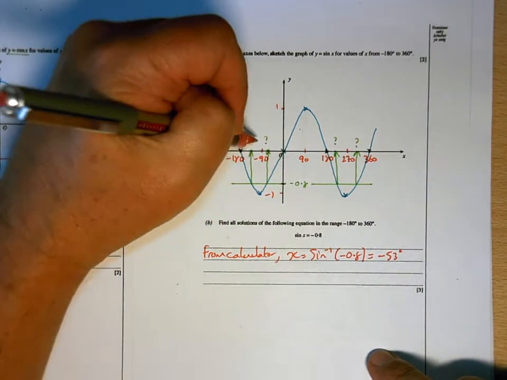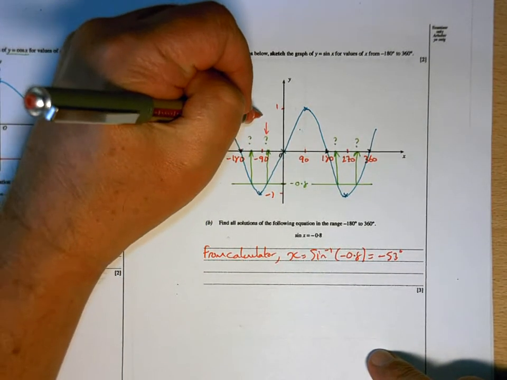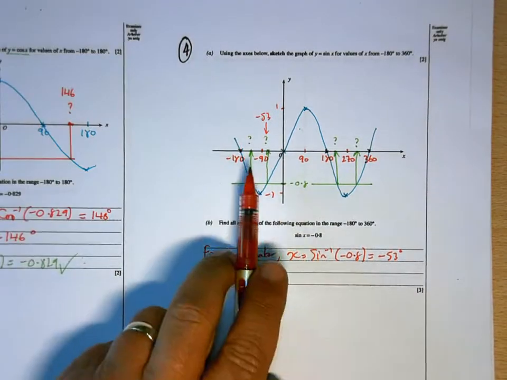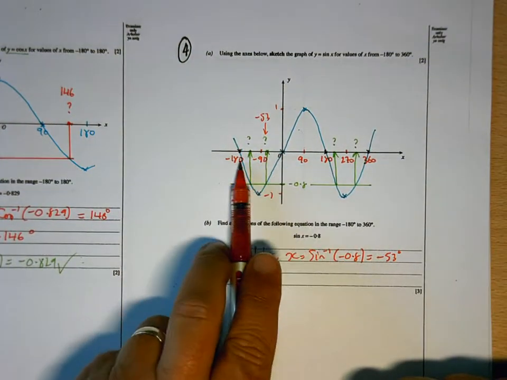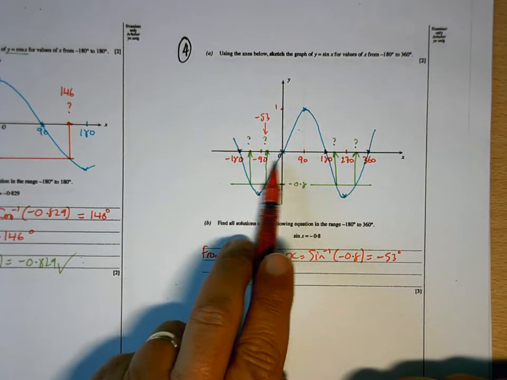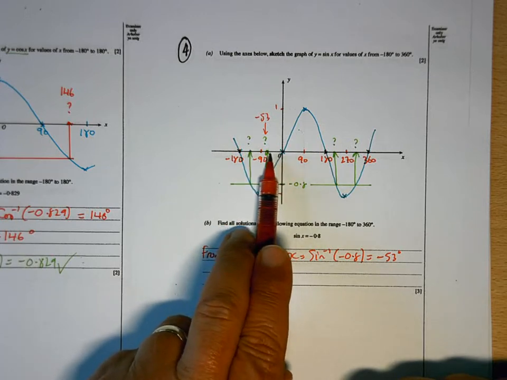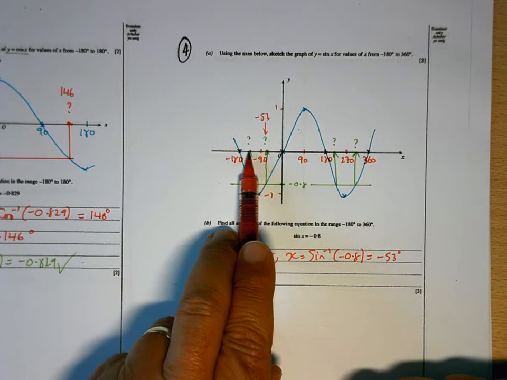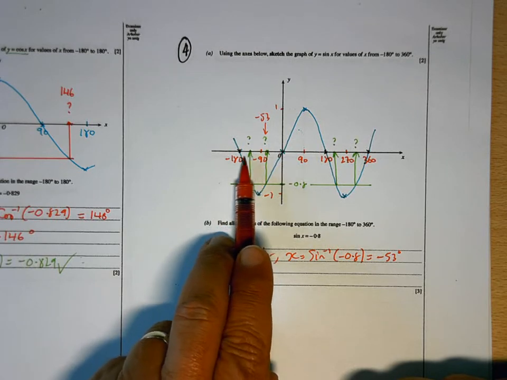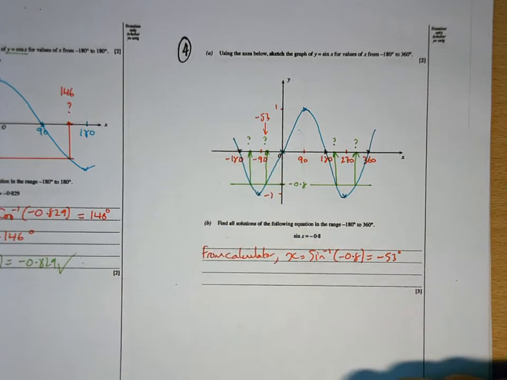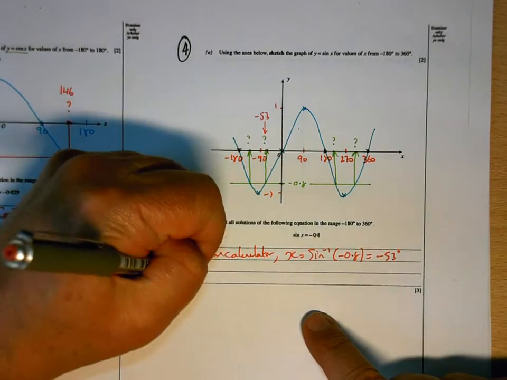So that's that one, between 0 and minus 90. So if that there is minus 53, you've then got to use the symmetry. So that's telling you for this one, it's 53 in from that 0. So it's going to be 53 in from that 0. So it's going to be minus 180 plus 53.